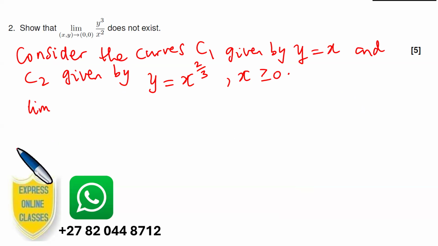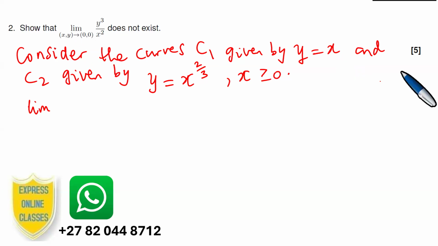Can you remind me how again you find your curves? Okay, so the curves are chosen such that you choose any arbitrary curves that pass through the limit point. They pass through the origin because x and y tend to 0 and 0.